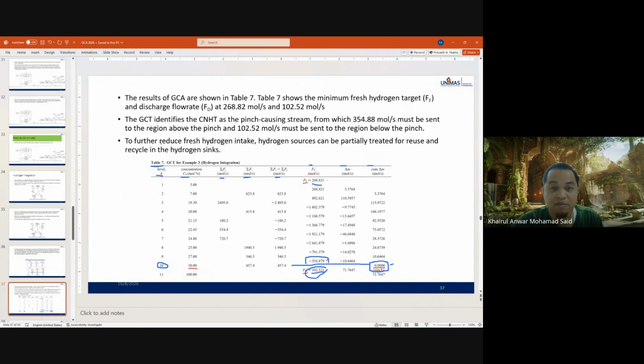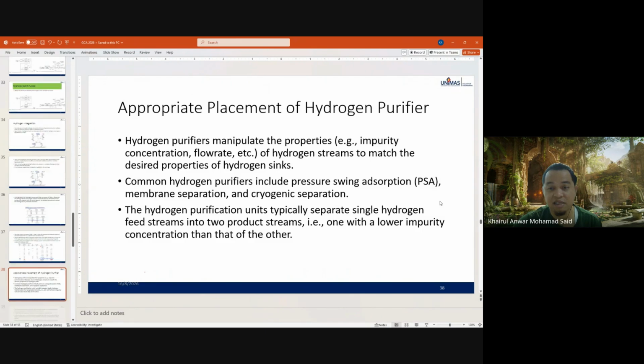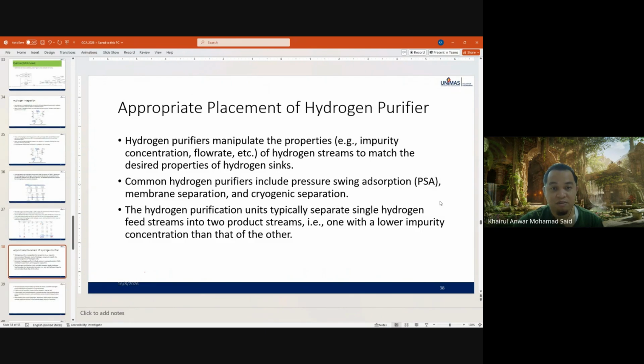To further reduce fresh hydrogen intake, hydrogen source can be partially treated for reuse in the hydrogen system. So there are several types of methods, equipment or processes to purify the hydrogen: pressure swing adsorption, PSA, membrane separation, cryogenic separation.